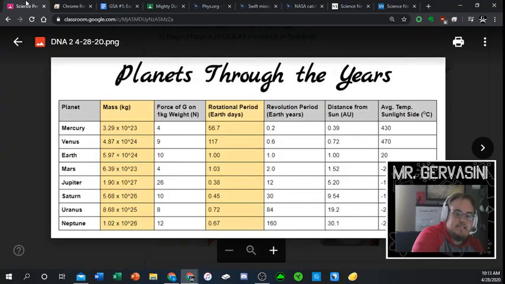Mercury has 56 Earth days to do one rotation, and Venus takes 117 days. That is ridiculous. It's almost the same size as Earth. My prediction, it would be maybe a little more than Mars, but not 117 days. So that's what we're going to call an outlier. Venus is an outlier.